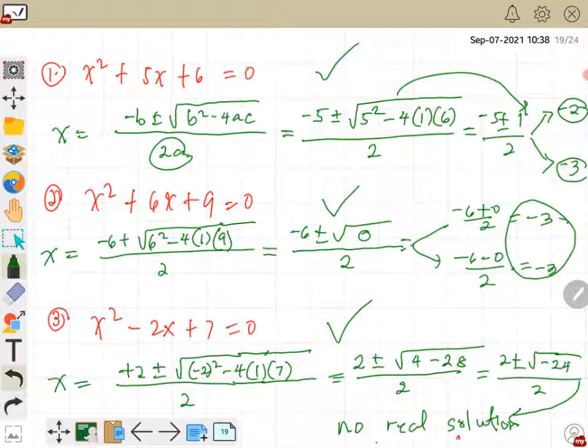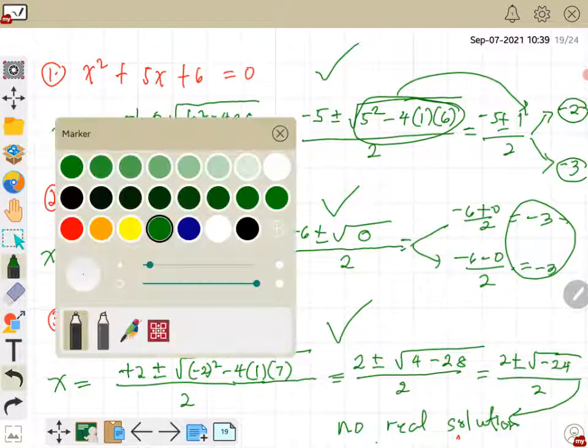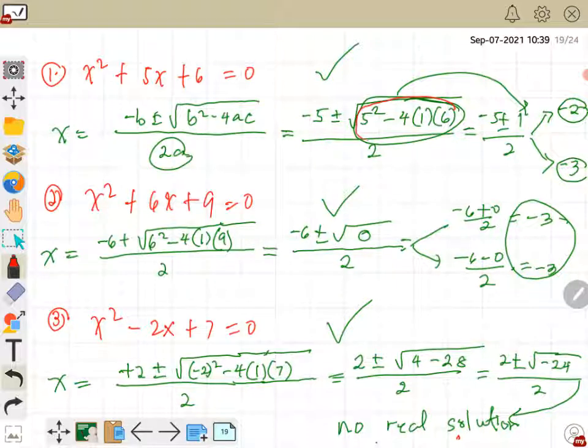If we know that, the game changer here is just the values inside this one. Okay, let me just highlight it, the values inside this one. So if the value there is positive, meaning you'll actually get two values.